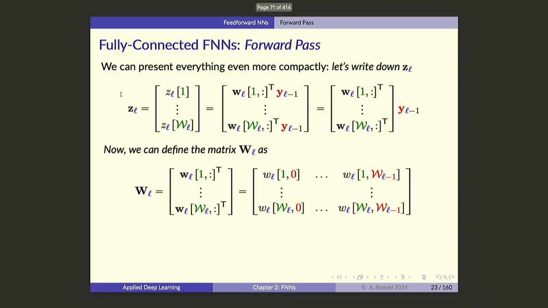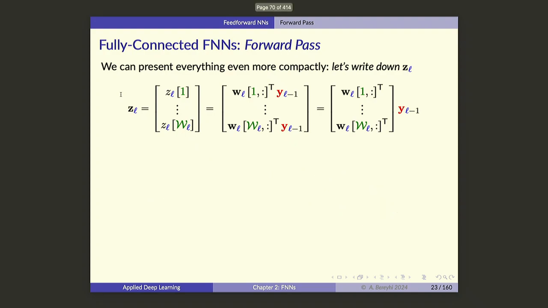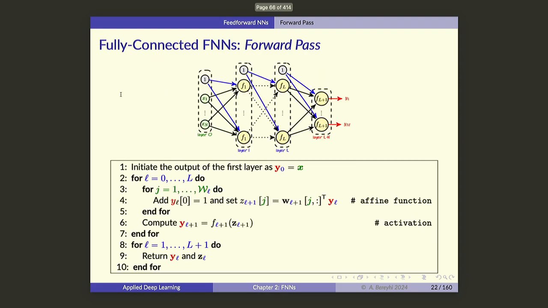So the dimension of this guy is, you look at the rows. Rows start from 1 to W of L, so you have W of L different rows, right? And now, how many columns do you have? You basically start from 0 because you want to take into account the bias, right? And you don't need to memorize anything. You always see it immediately on the neural network here, because how many inputs do you have here?